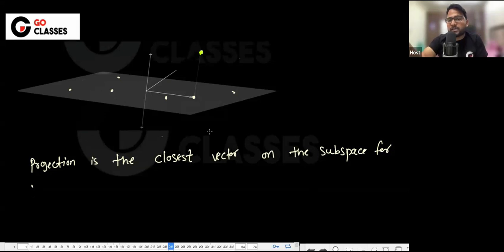This line is perpendicular, might not seem like that, but yes, this is perpendicular. So if you want the closest point, you will go to the perpendicular point. This perpendicular point is the projection, which is also the closest point to b on this vector space. Is this fine?